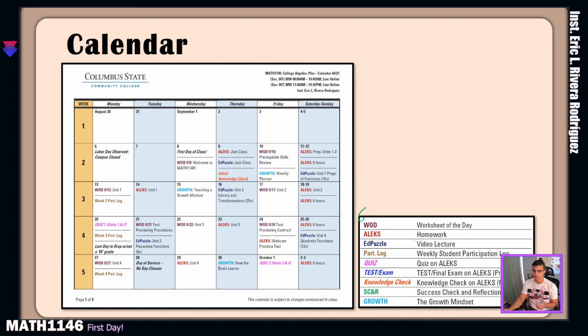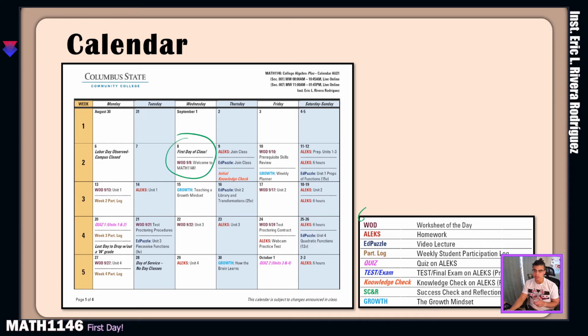ALEKS is homework, puzzle is the video lecture, and gold is the participation log. Quizzes are in fuchsia, test or exam is in bright blue. The knowledge check is orange, success check and reflection and growth, green and blue. All right, so those are the types of assignments that we are going to have through the whole semester. This is our calendar.